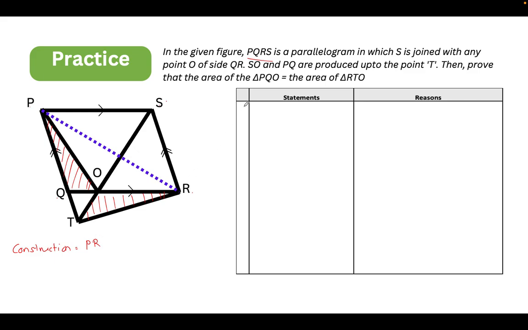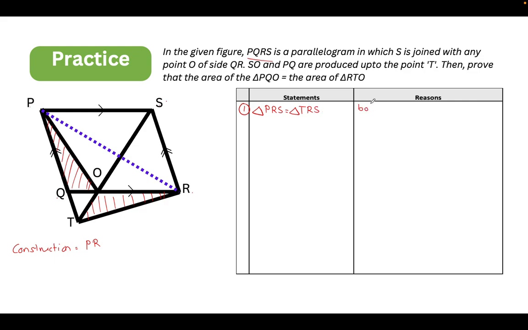The first statement I am going to write is that, taking SR as base and the two parallel lines PT and SR, the area of triangle PRS is equal to the area of triangle TRS. Why?